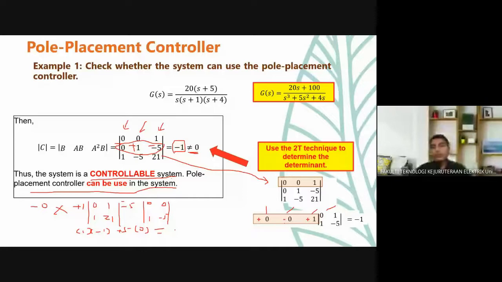The answer is -1, so the answer is the same. Although you choose any row or column, the answer will be the same.